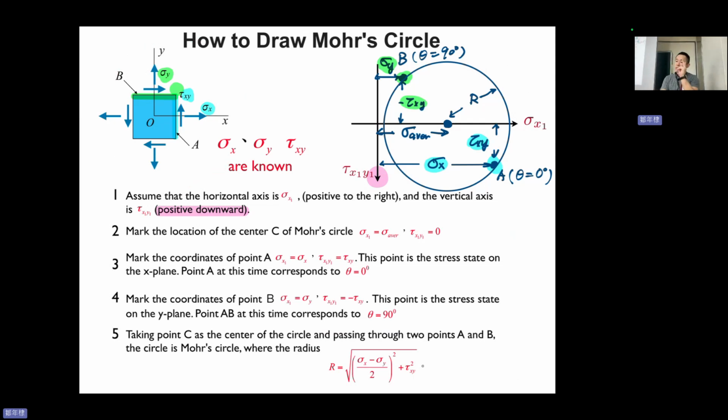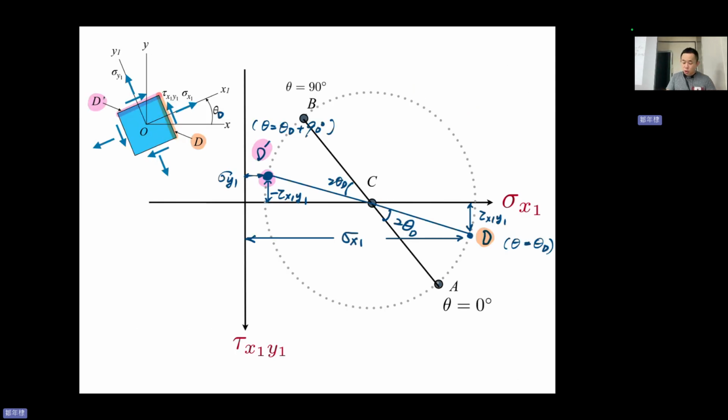All right, these two concepts are not directly connected to our common sense, but you need to understand them. So after you set up plane A and plane B, the rest of the planes, like plane D, you can just start from point A and go double theta D, and then you can get your point D in the Mohr's circle, and then you can get sigma x1 and tau x1y1.